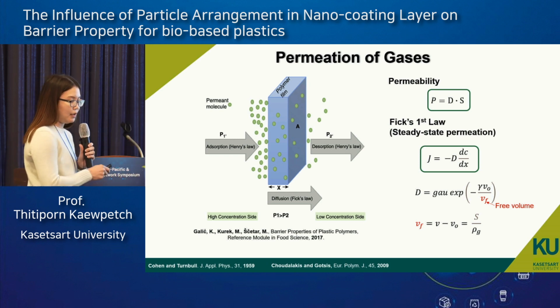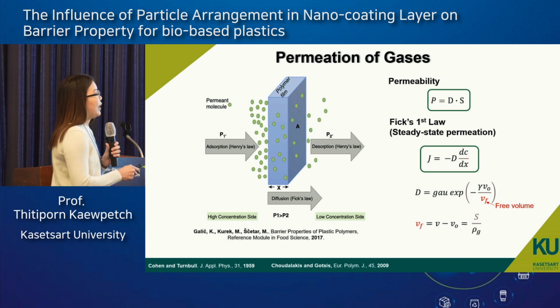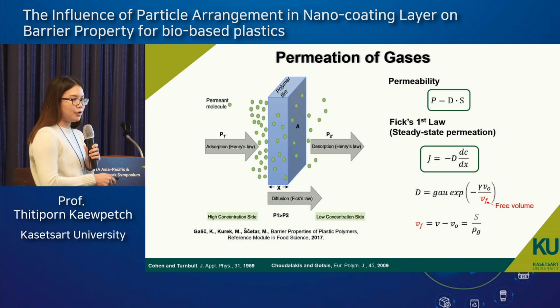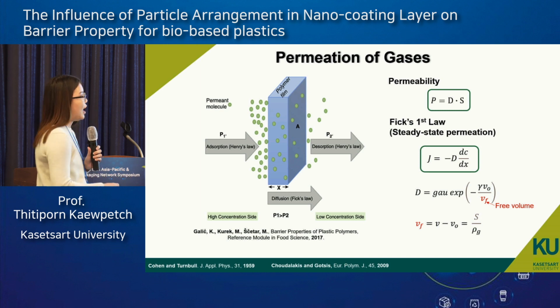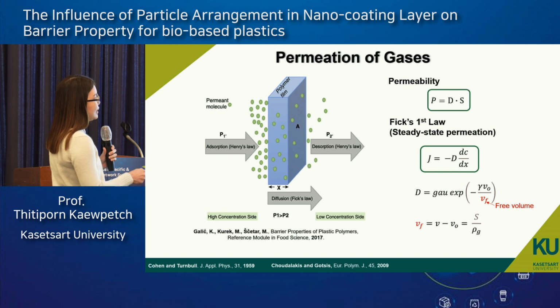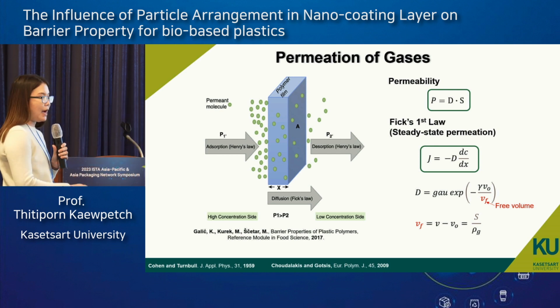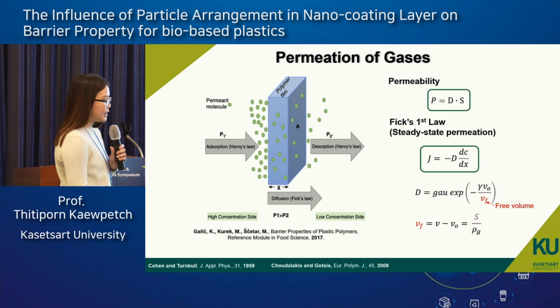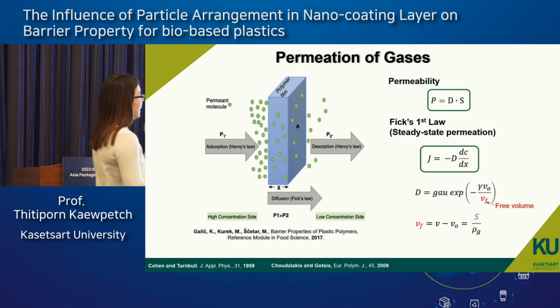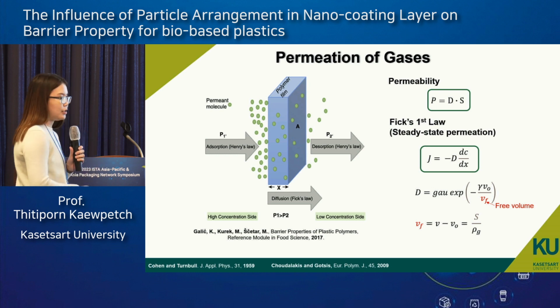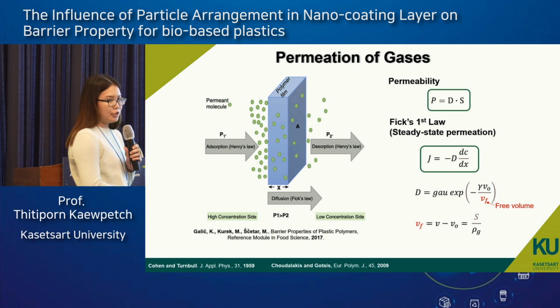Then the molecule dissolves in the matrix of the membrane, diffuses through the membrane, and desorbs from the surface on the other side of the membrane. This diffusion of the gas molecule is driven by the concentration gradient, which means the gas molecule travels from the area of high concentration to low concentration.